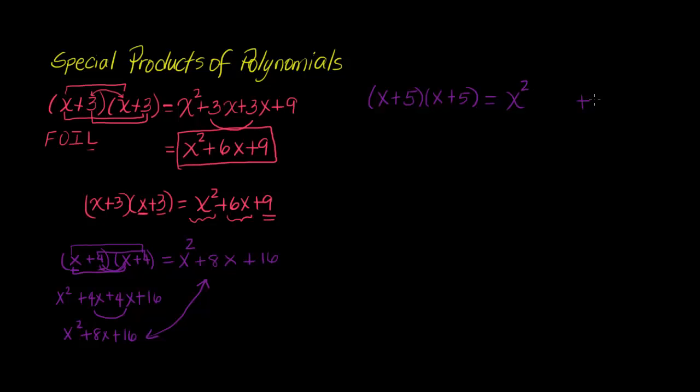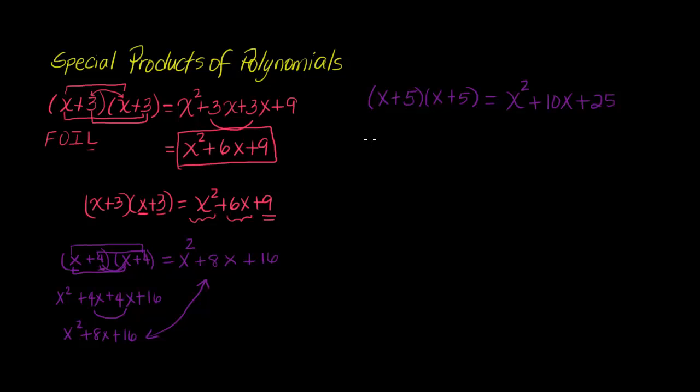The last term is 25 because 5 squared is 25. And the middle term would be x times 5, 5x, times 2, 10x. Okay? Another important thing to notice is, since this binomial and this binomial both have plus, all the terms in the trinomial will be plus. So anytime you have that, it's all pluses.